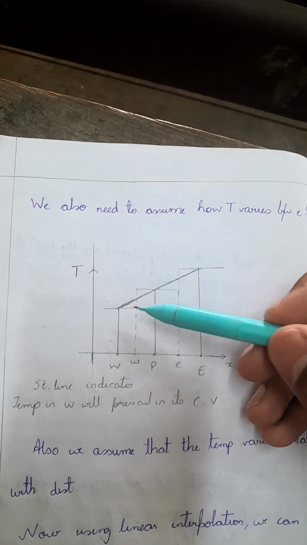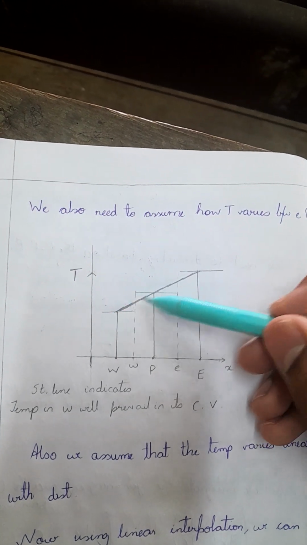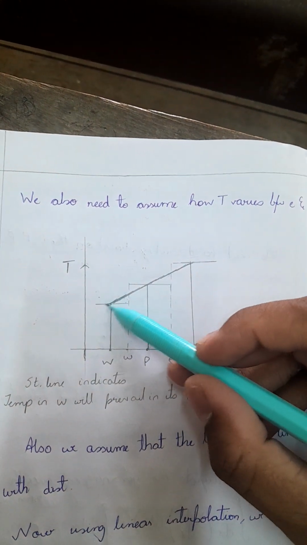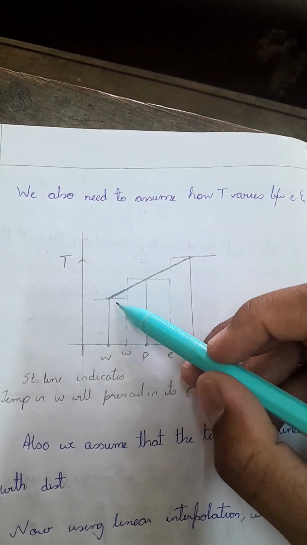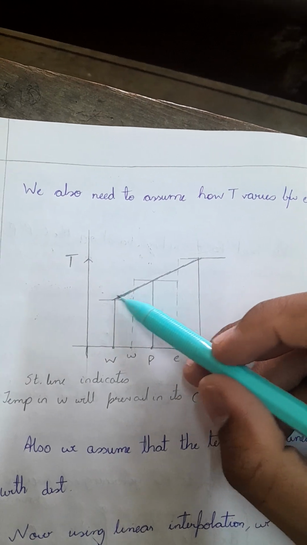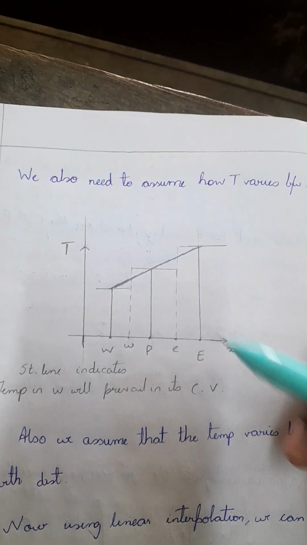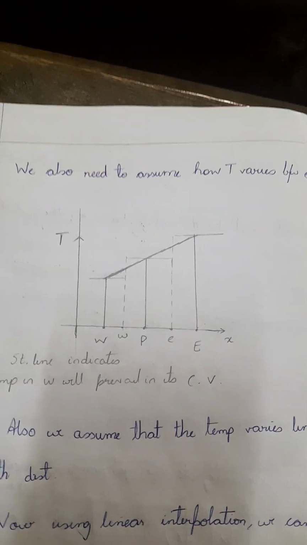Also, these constant lines you see at each grid point say that the temperature of a control volume prevails only within that control volume, so it's constant throughout the control volume, and it changes again at the next one.